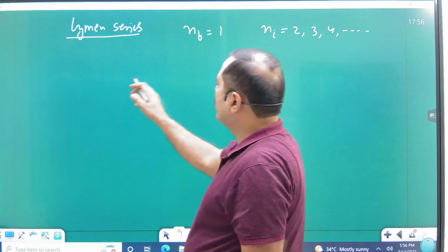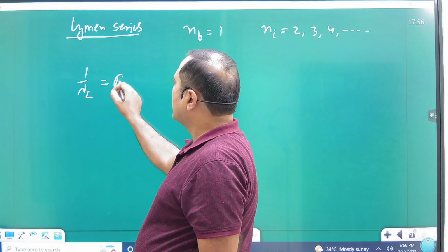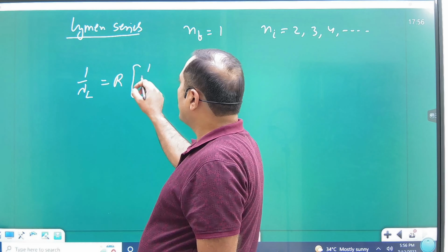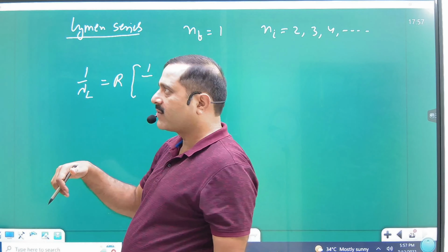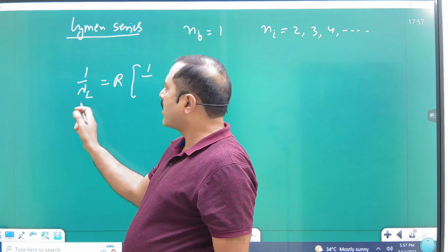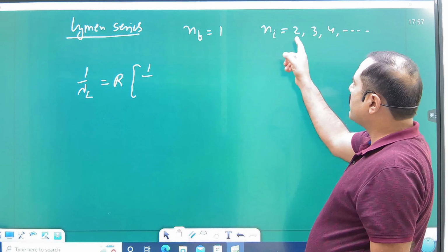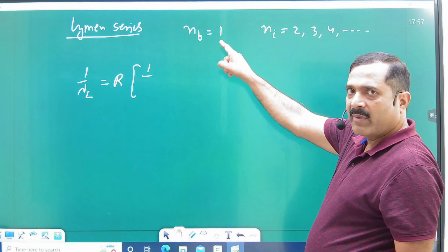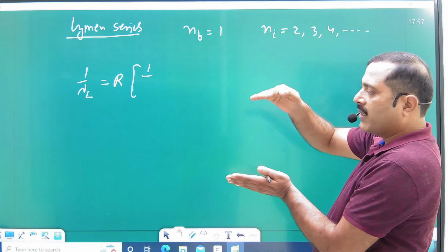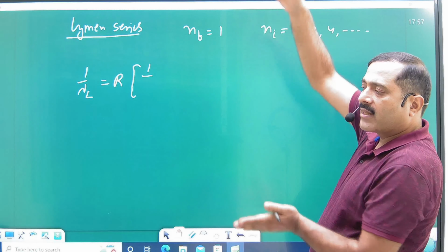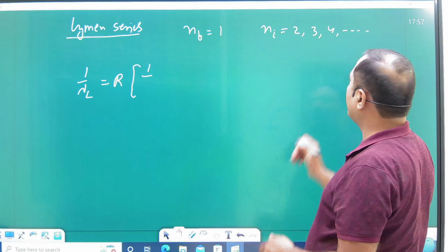For this series, if we have to calculate lambda longest, lambda should be longest if the energy difference is minimum. When the electron jumps from 2 to 1, the energy difference is smallest; if it jumps from 3 to 1, the energy difference is slightly more; from 4 to 1 it increases slightly more; and the maximum energy difference is when the electron jumps from infinity to the first orbit.